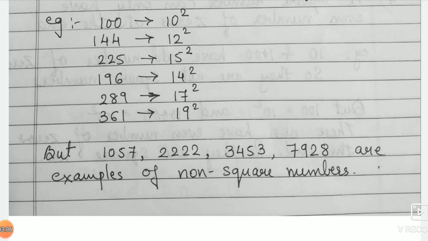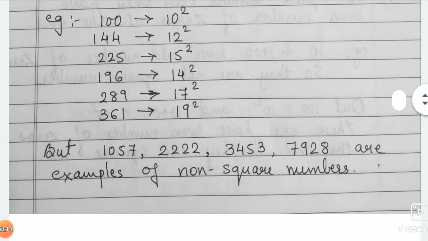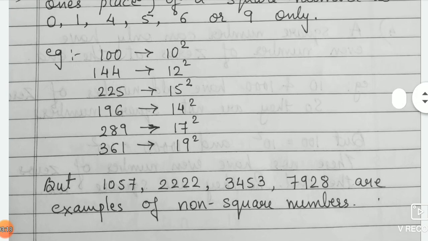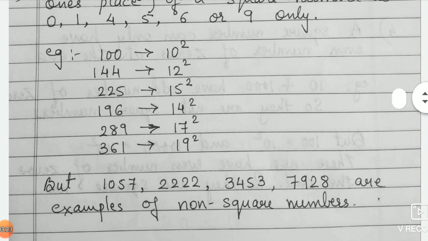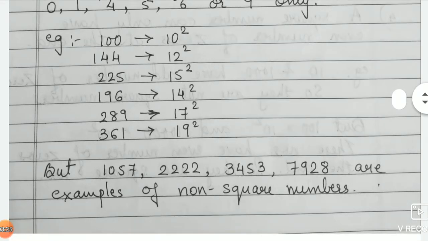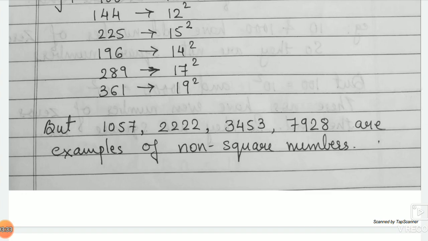Here the ones place digit is 1 and it is the square of 19. So you see that if you get a square of any number, the digit in units place will always be 0, 1, 4, 5, 6 or 9. If 2, 3, 7 and 8 are there, then the number will not be a perfect square.